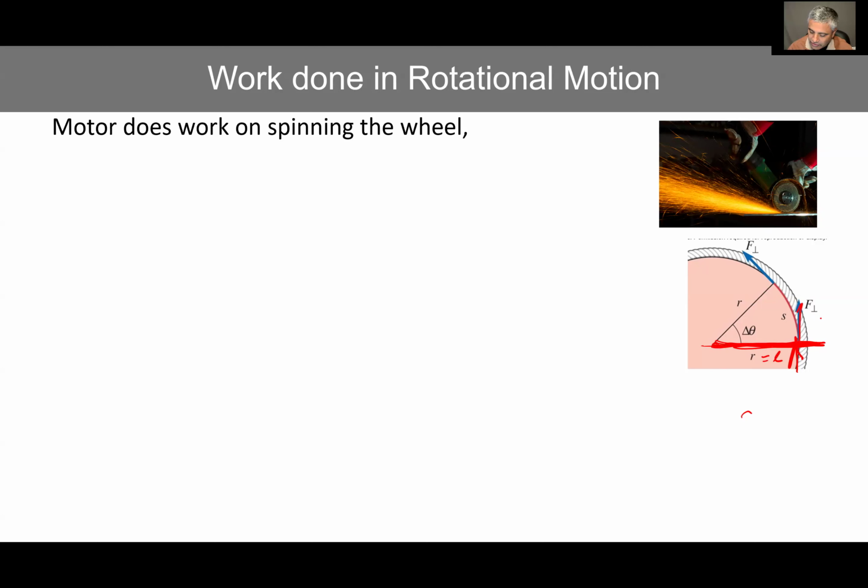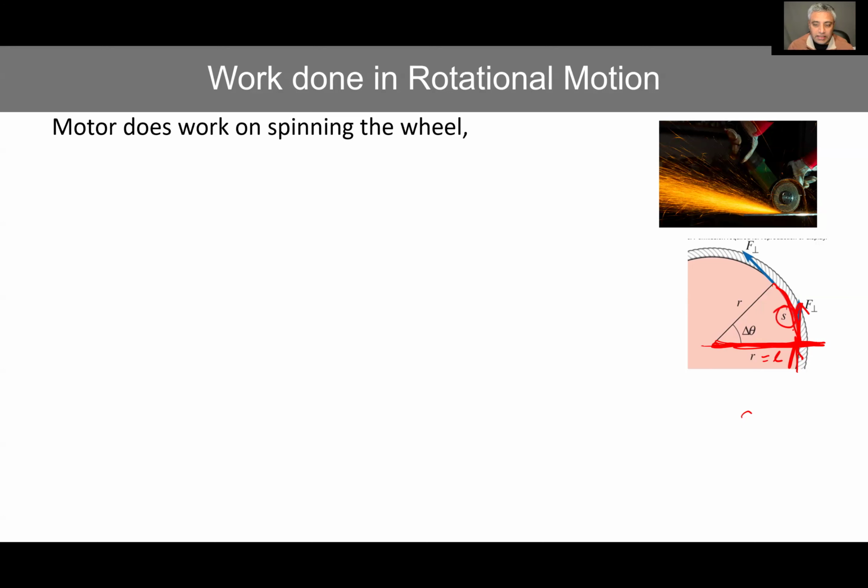We are applying force, and that force makes this wheel spin, right? It's like a merry-go-round where you push on one side, and the round starts spinning. That means that point here displaces, and since it is an arc situation, we denote that displacement by S.